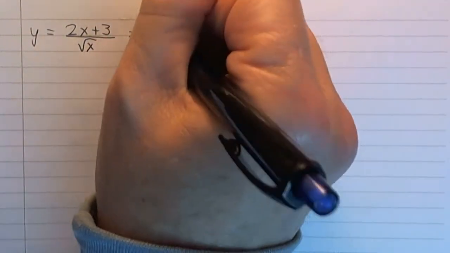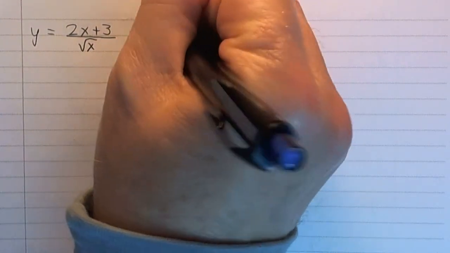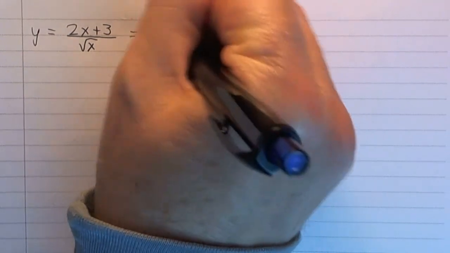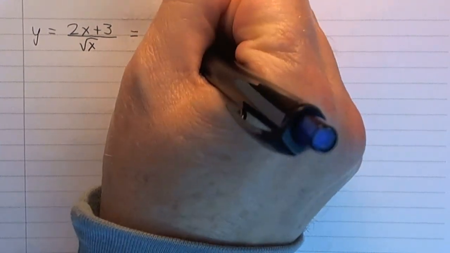Okay, so let's look at another one. Let's suppose I've got y equals 2x plus 3, and down here, let's suppose I've got the square root of x. Okay, so here we go. I'm going to recognize, first of all, this is going to be 2x plus 3 over x to the 1/2.